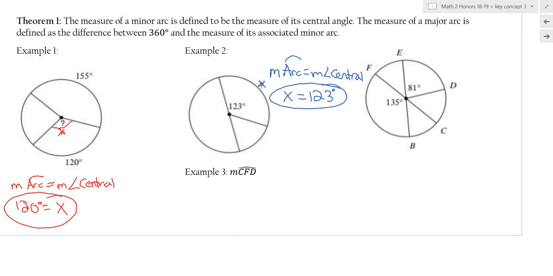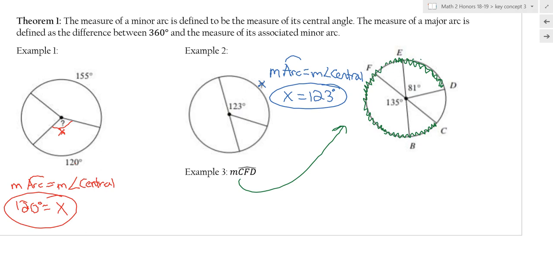Our last problem, this is supposed to go with this. It didn't get moved to the next line, I guess. So we are finding the arc measure of CFD. So that's what it wants us to find.